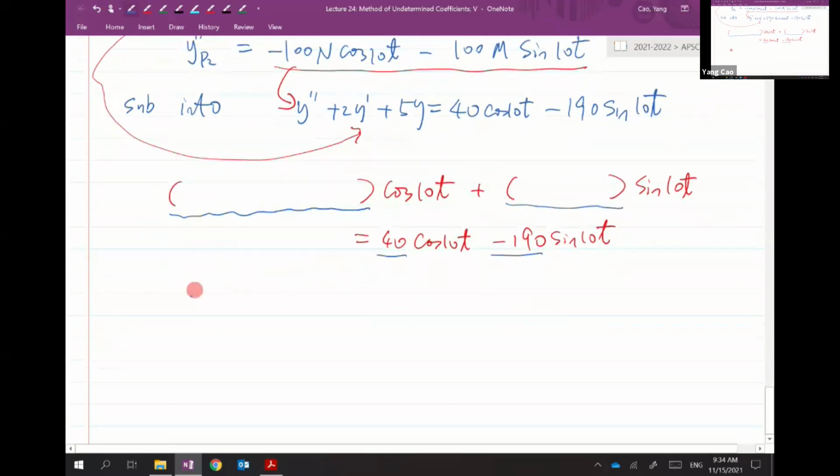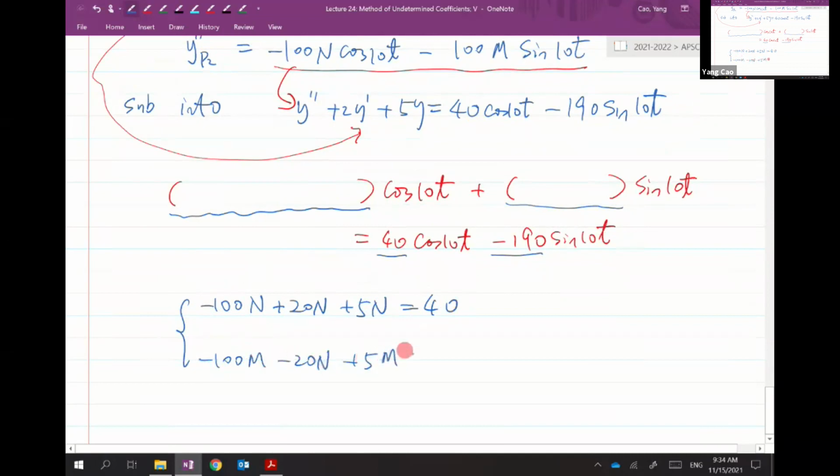That should give you two equations, which are 100n plus 20m plus 5n equal to 40, and negative 100m minus 20n plus 5n equal to negative 90. So two equations, two unknowns, and you will be able to solve for m and n.